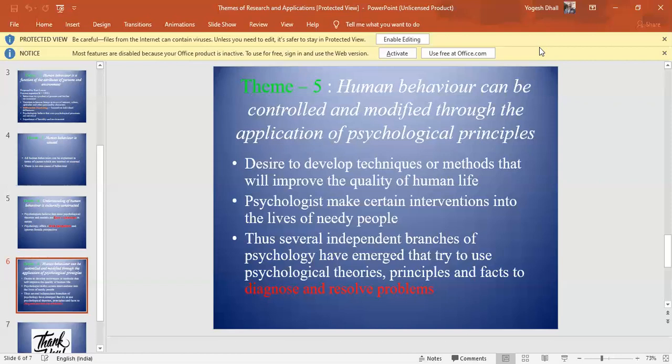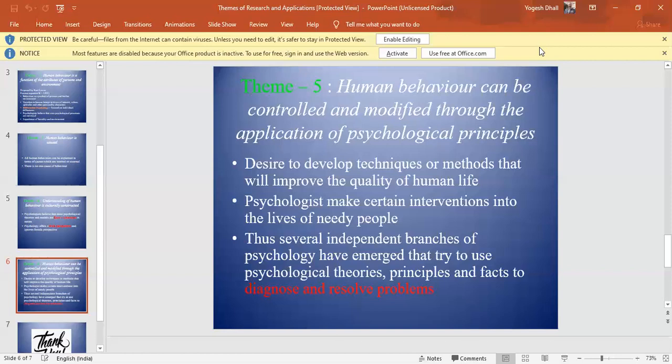Thus several independent branches of psychology have emerged that try to use psychological theories, principles, and facts to diagnose and resolve problems, for example in education, health, environment, etc. We have discussed so many branches in the last topic, which are based on minute and small things, diagnosing the problem and then trying to solve it.